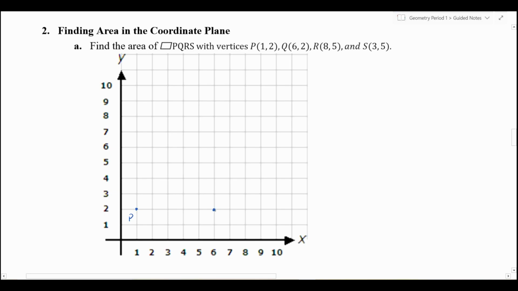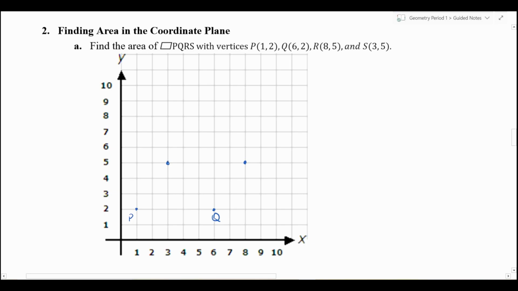So that point is going to be our point Q. Right, and then we go to point R. Point R is at 8, 5. So we go to 8 right here, and 5 is right over here. Then our last one is S, and S is located at 3, 5. So we have 3, 5 right here.